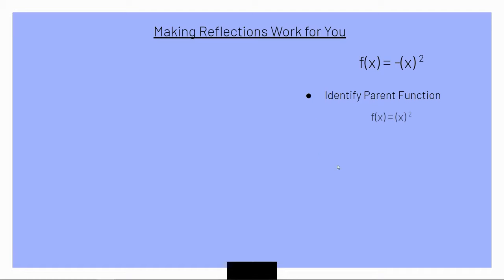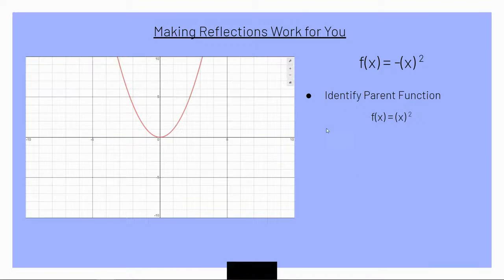What do we have as our parent function? We have the x squared function, and we put the parentheses around the x to help us remember that what's inside is what references that equation we talked about on the first slide. Then we apply the vertical reflection because it is outside the parentheses, and that reflects over the x-axis.